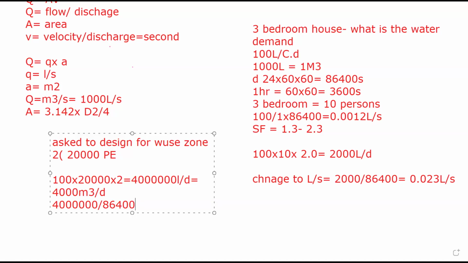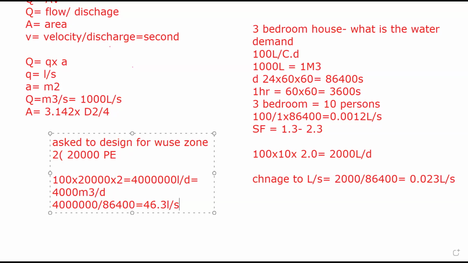It will give me 46.3 liters per second. So it means in Wuse zone 2, I need a pipe that can deliver 46.3 liters of water every second.